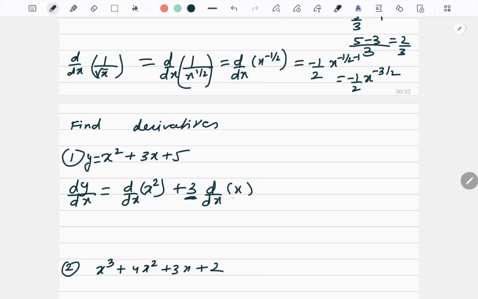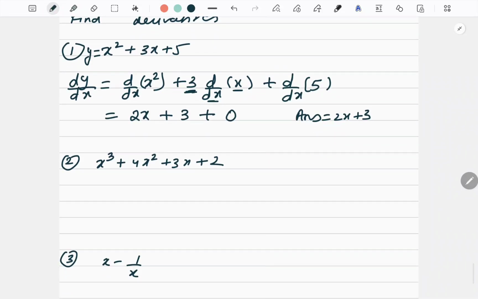This is called the linear property, where you take out the constant and operate on the variable. Plus d by dx of 5, since 5 is alone, it will come like this. Now d by dx of x square is what? 2x. Plus 3 times d by dx of x, which is 1, so 3. Plus d by dx of 5, which is 0. So my answer is equal to 2x plus 3.